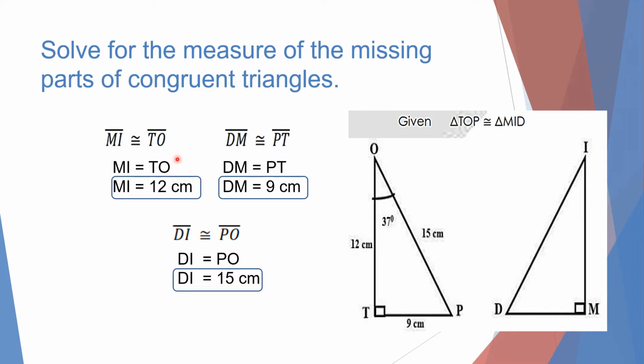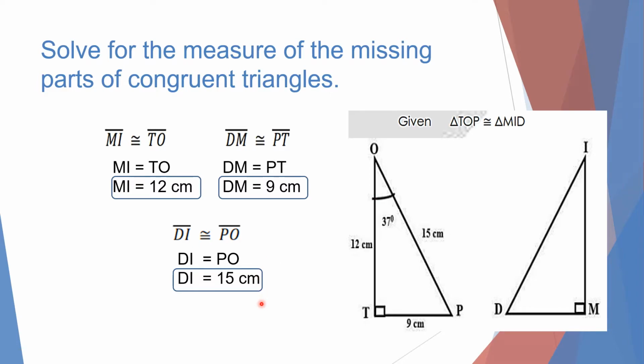Dito tayo sa una, side TO measures 12 cm, that's why side MI measures also 12 cm. Side PT measures 9 cm, therefore, side DM measures 9 cm too. And so as side DI, it measures 15 cm since the measure of side PO is 15 cm.